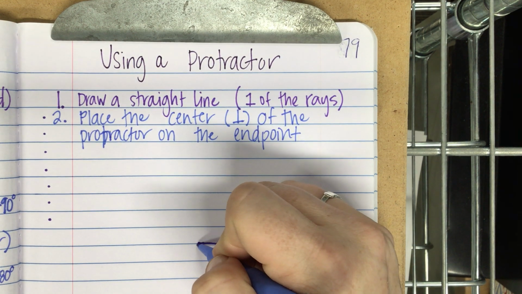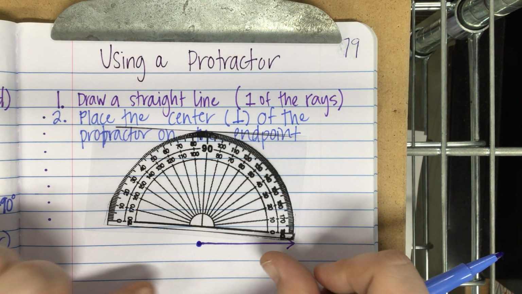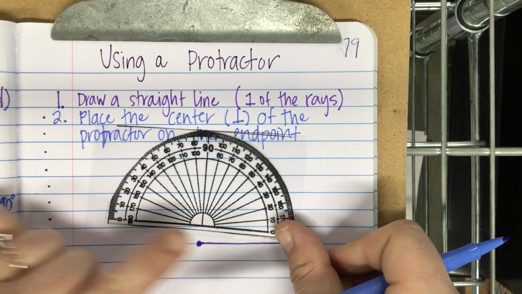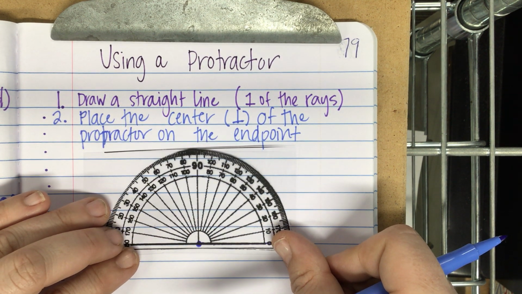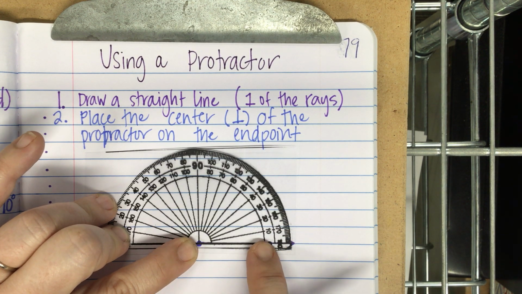So here's my end point. Here's my protractor. And see my upside down T. I'm going to center that. And I've lined it up perfectly.